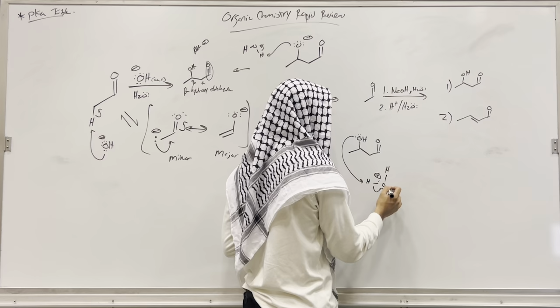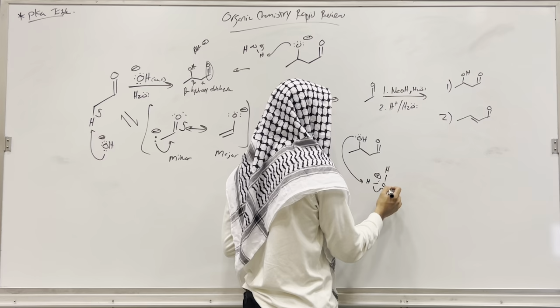If you take that and you quench the reaction, let's take a look at this. You have this, and you say step 1, NaOH. The product of step 1 is going to be this. If you quench the base with acid, who knows what the product's going to be? Does anyone remember?